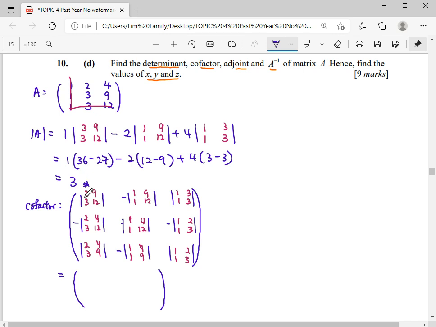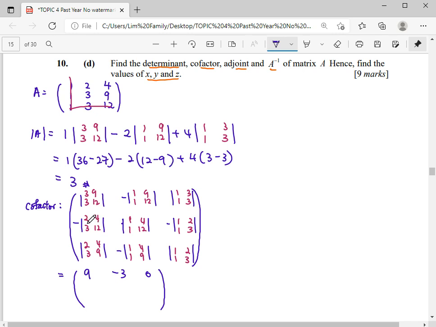So this is 36 minus 27, which is 9. For the determinant, we can still use a calculator to check the answer. For cofactor and adjoint, we don't have that, so you still need to calculate one by one. This is 12 minus 9, 3, and in front there is a negative, so it becomes negative 3. Here, 3 minus 3 is 0.